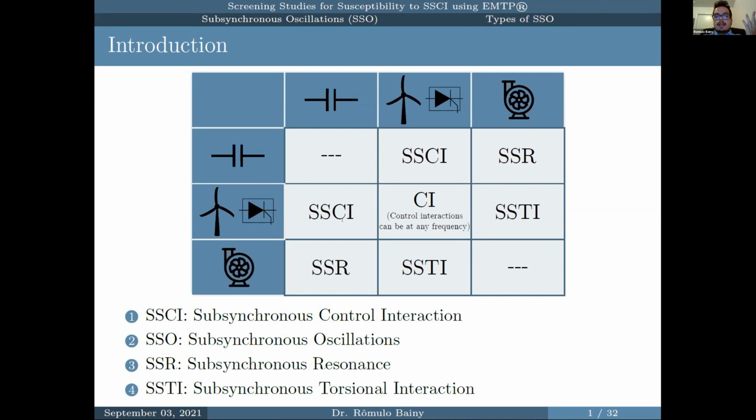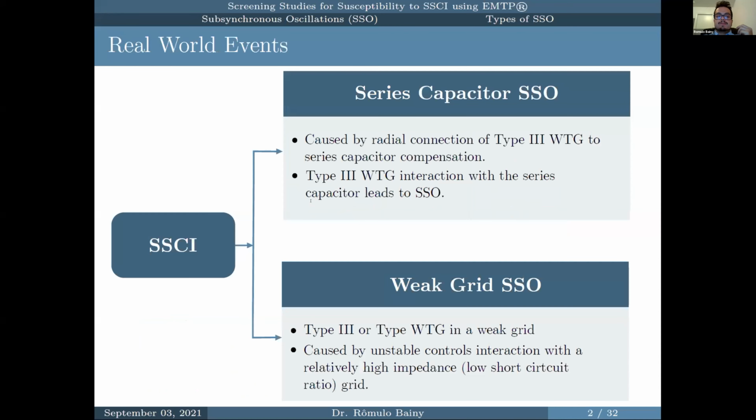Another example is in case we have series capacitors and torsional masses in the system, we may face some subsynchronous resonance. And in case you have the same torsional mass and the power electronic devices, then you may face subsynchronous torsional interaction. But today, we are focusing on subsynchronous control interactions.